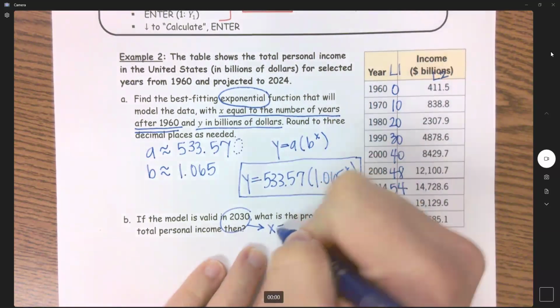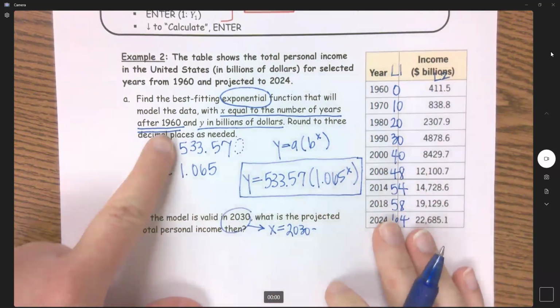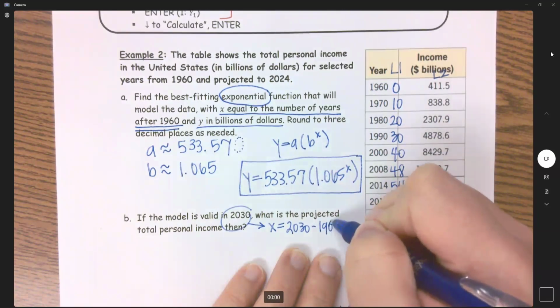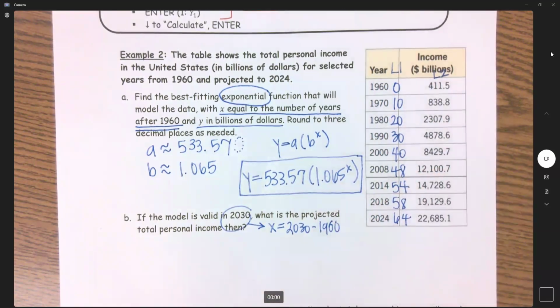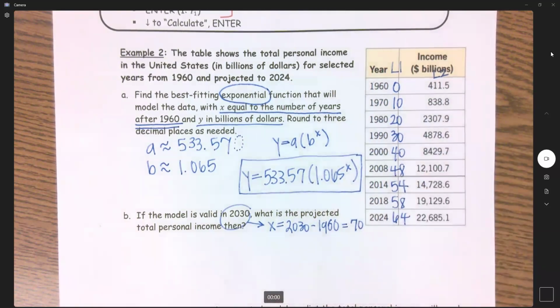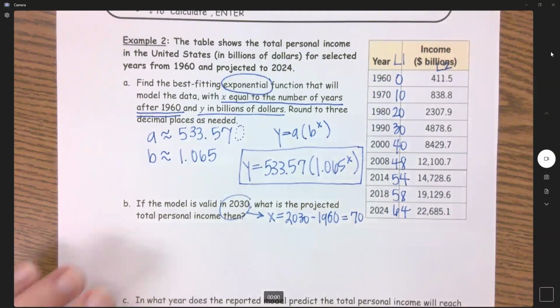So I'm going to do X equals 2030 minus 1960. Which means that my X is 70. Okay, so let's put this in our calculator and let's just use our trace feature because we're going to need it for part C anyways.